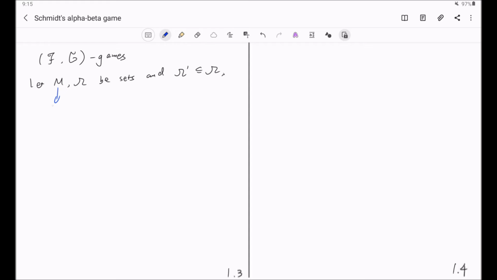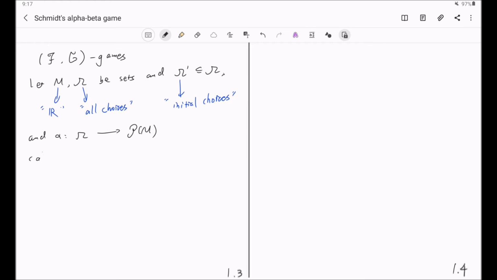Here you can think of M as the real line, as in the above special example. You can think of omega as the collection of all choices, and you can think of omega prime as the initial choices. And let alpha be a map from omega to the subsets of M. I use P to denote the power set, the set of all subsets of M.